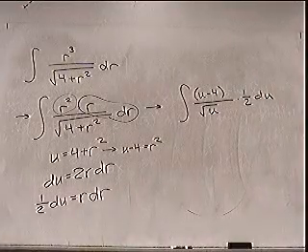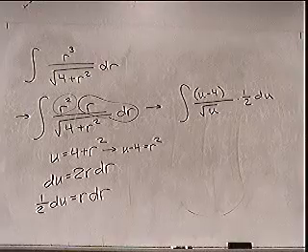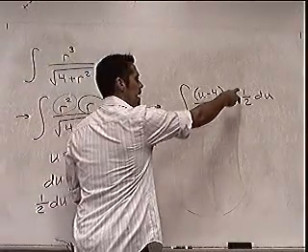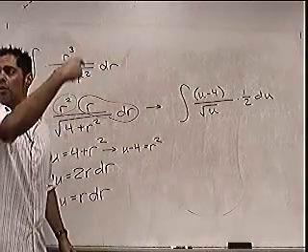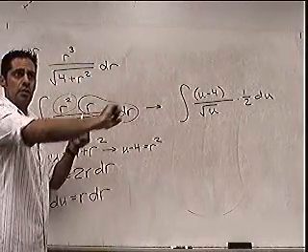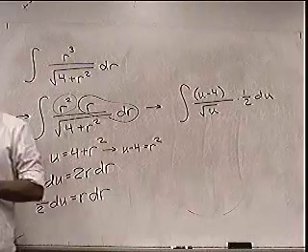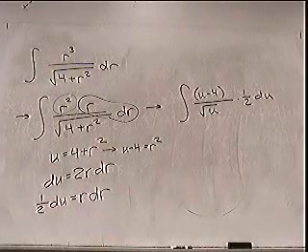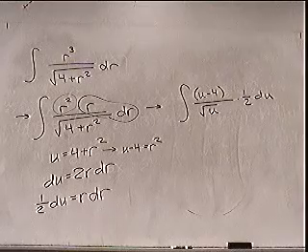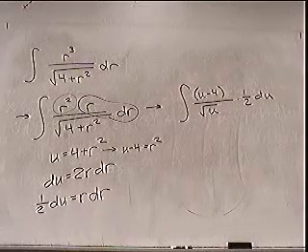What's good about that? 1/2 can come out. 2 terms on the top, 1 on the bottom. You can split it into 2 integrals, can't you? And just use power rule on each one. Okay? Man, that's really nice that way.